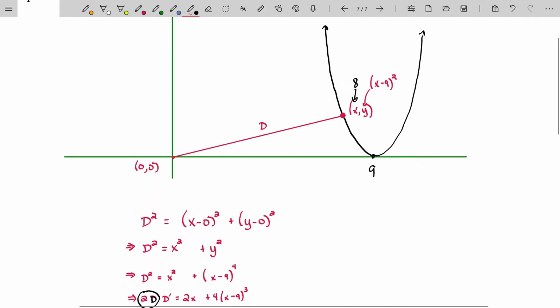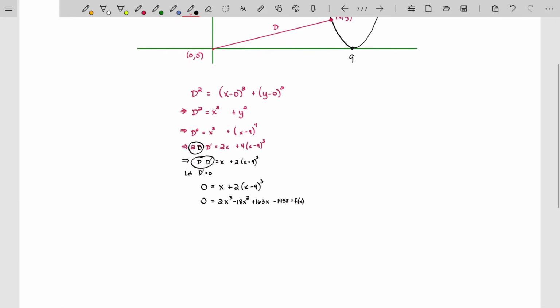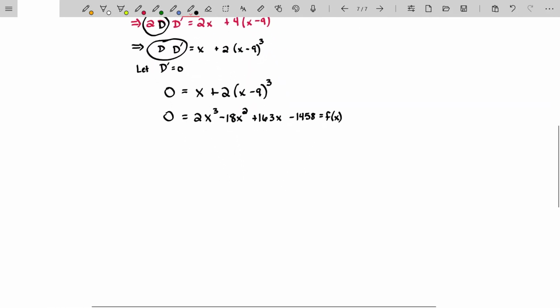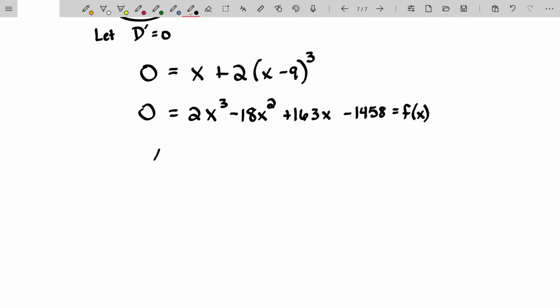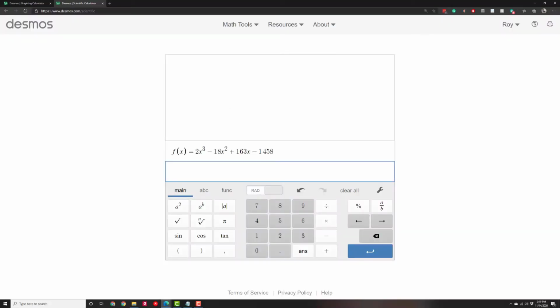So I'm just going to guess that 8 is the solution, just because it seems like it should be. And then I will work from there. So my x sub 1 is 8. And we're just going to, again, use Newton's method. The next guess in line will be 8 minus f evaluated at that 8 over f prime evaluated at that 8.